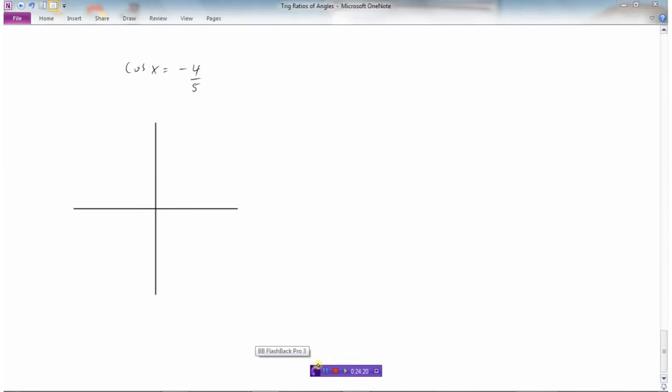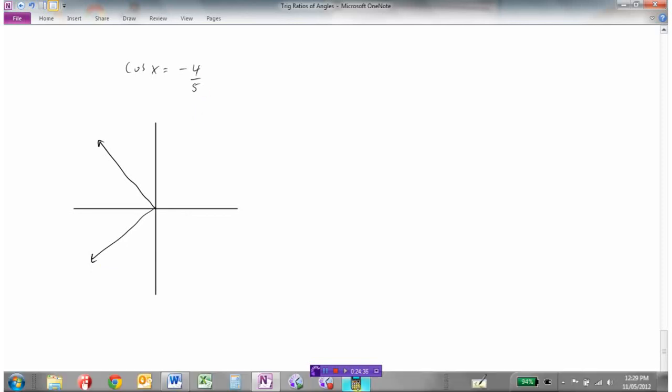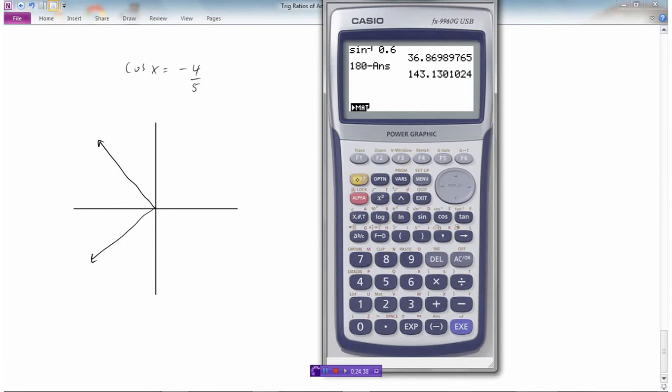Cos x equals negative 4/5. So cosine would be negative here and here. And 4/5 is not one of our ratios from our triangles, so I'm going to need my calculator here, and I go inverse cosine of negative 4/5, and it gives me 143 degrees.